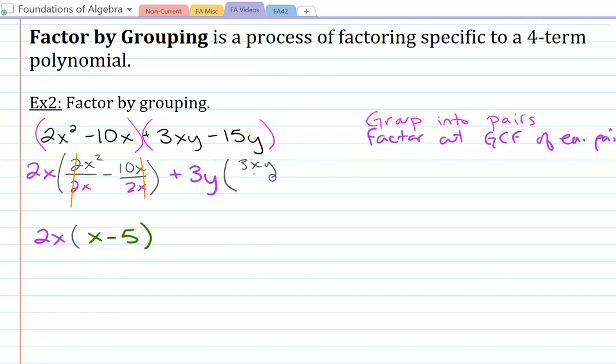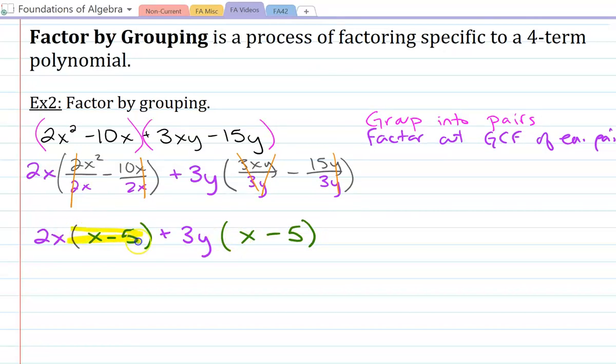So 3xy divided by 3y and 15y divided by 3y leaves us with, anything over itself is 1, so those 3's cancel, those y's cancel, leaving us with x minus 5 again. This is a good thing. We have a common binomial again.